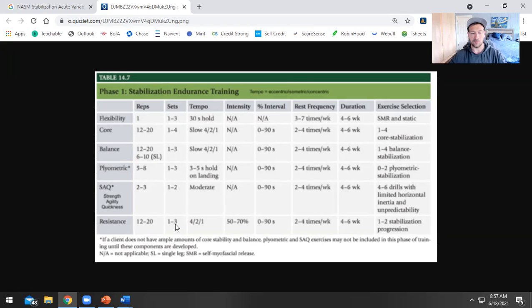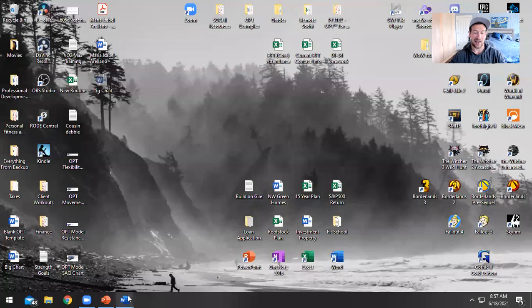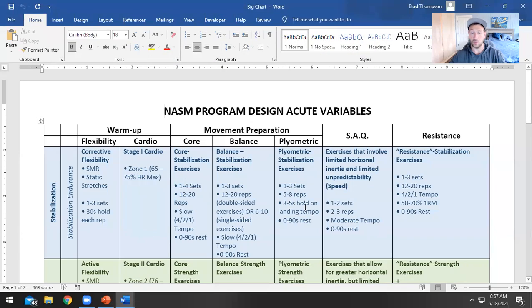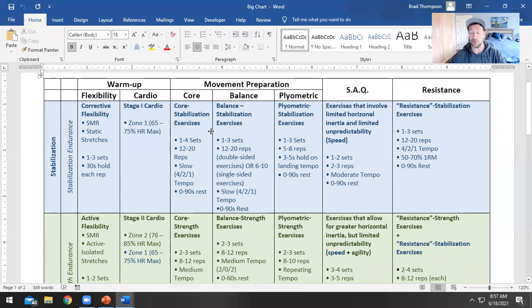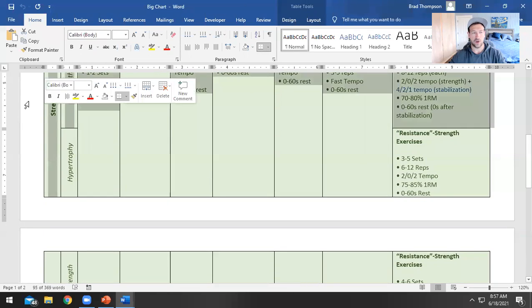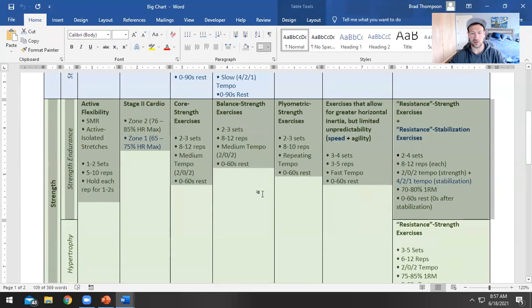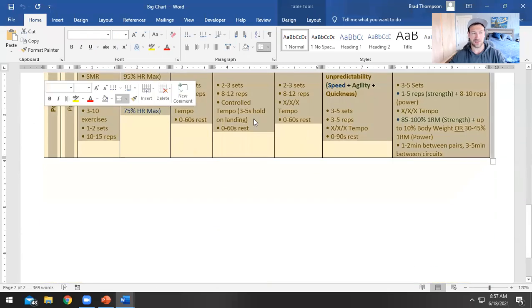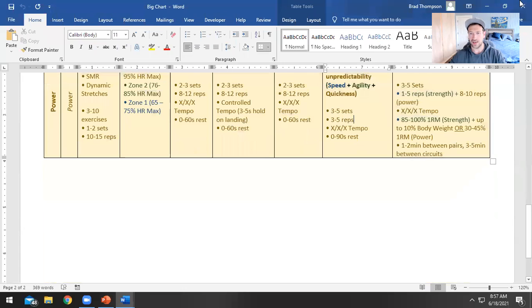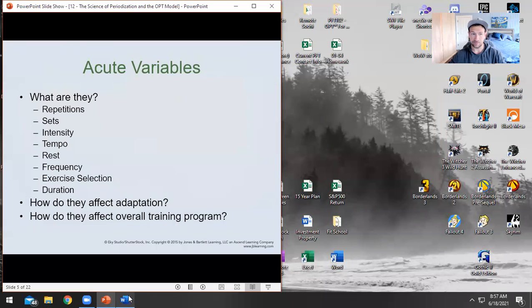So we're definitely going to see some differences between each of these. And I actually have that all laid out on one big chart, where we put the stabilization table in blue, all 3 of the strength tables in green, and the power table in yellow. So that's another thing we are going to be looking at in just a little bit.